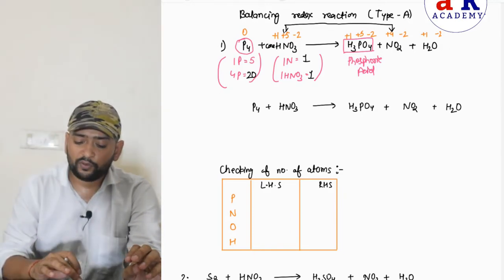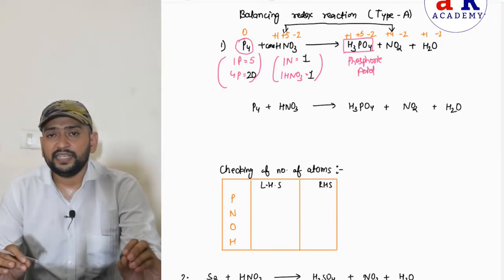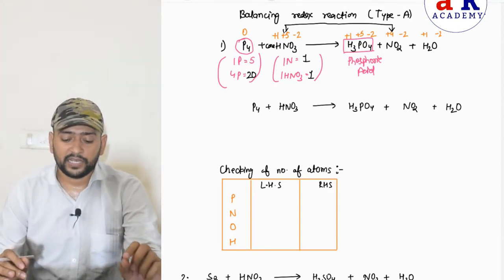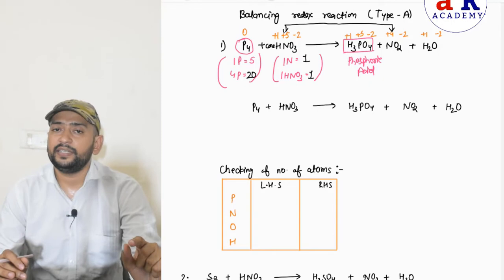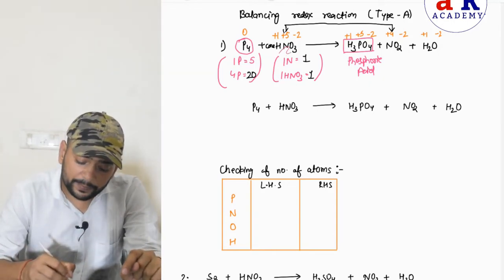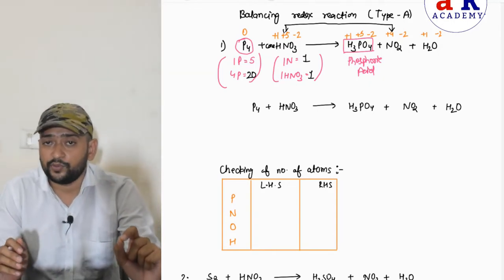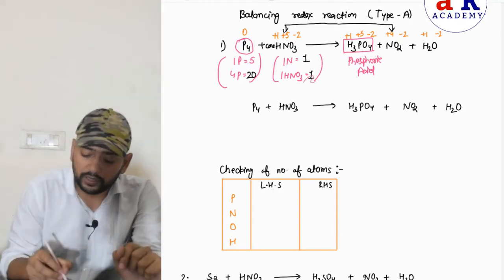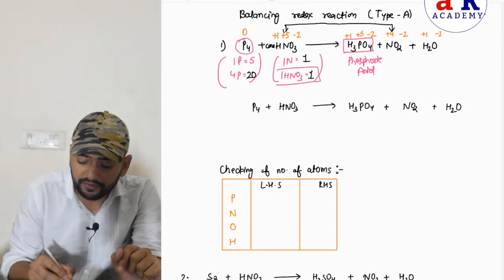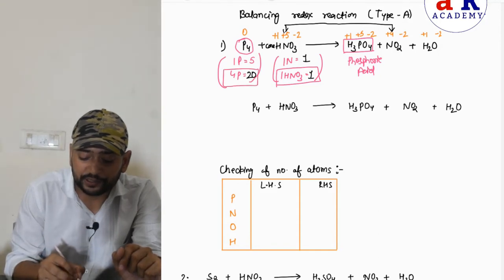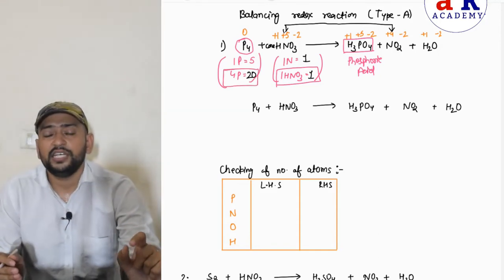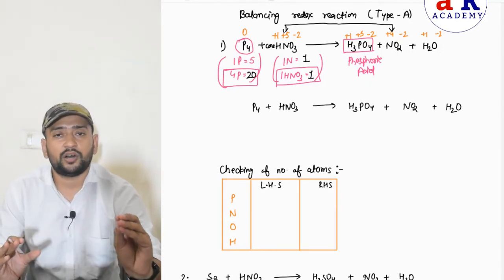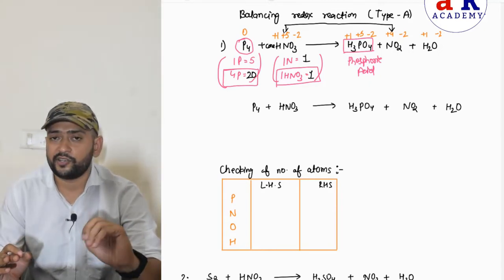In the next step, you have to cross multiply. And what is going to happen? Let me tell you. You are going to multiply this HNO3 by 20 and this P4 by 1. Whatever the total number of electrons getting exchanged in this reaction, you are going to cross multiply that number of electrons.